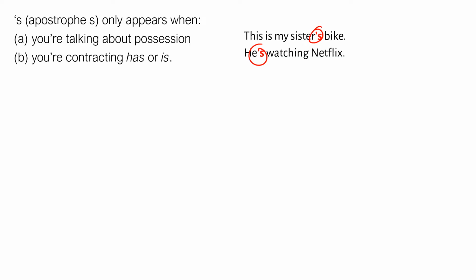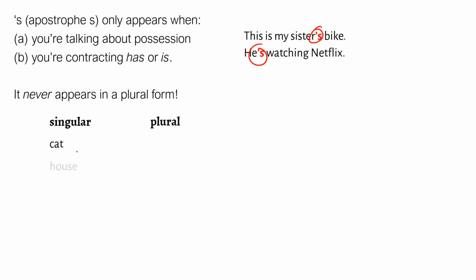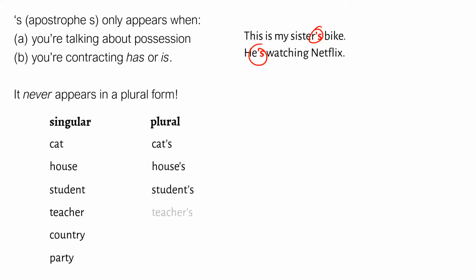But what we don't do is use apostrophe S in plural form. So if we have a look at this list of words, we have cat, house, student, teacher, country, party, and we have incorrect plural forms, right?